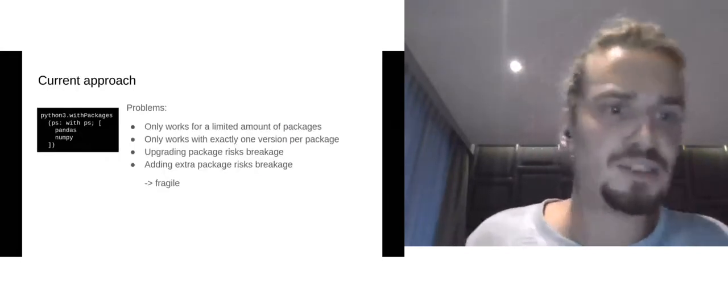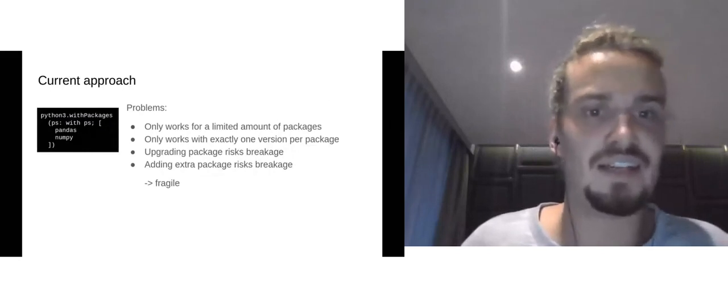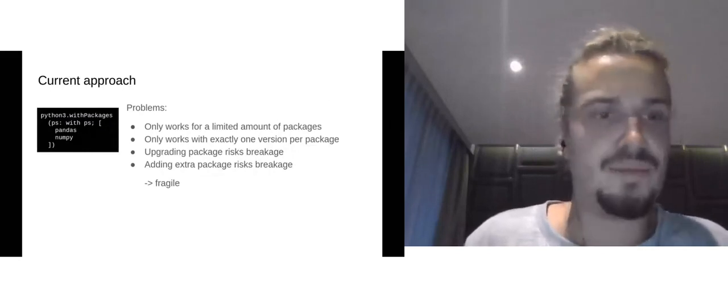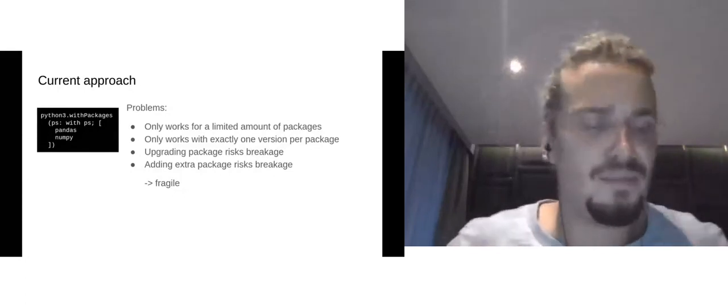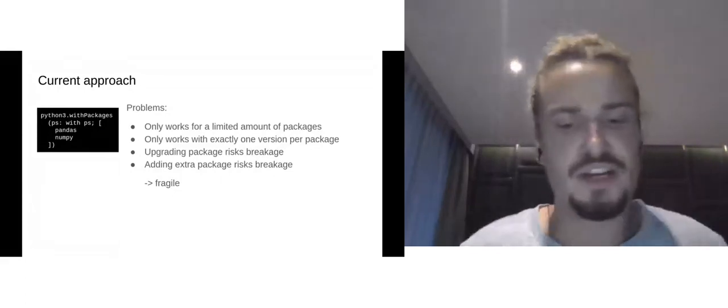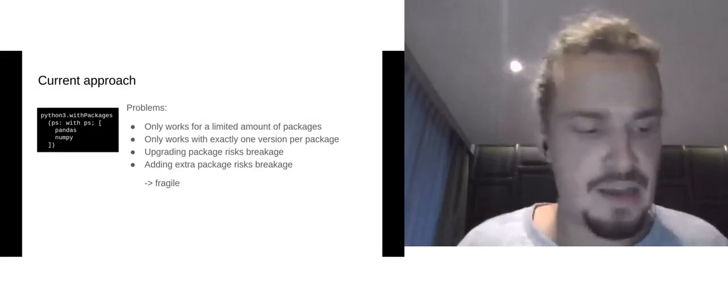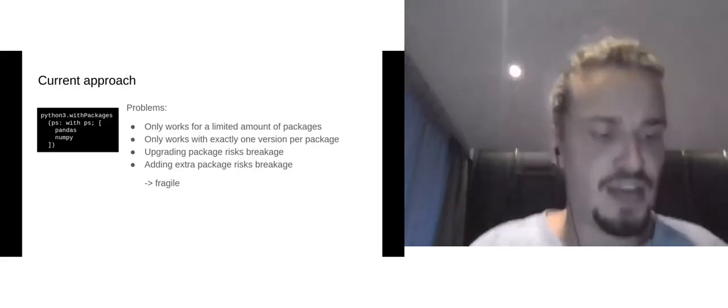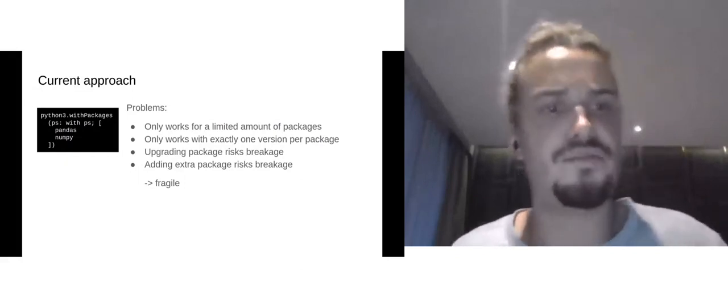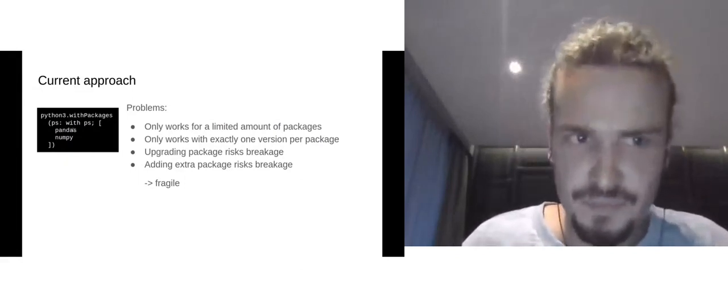Let's quickly talk about how this could work. Right now in nixpkgs, there's an interface that looks a little bit similar. For some frameworks, we don't even try to do that. We don't support loading arbitrary libraries into dev environments. But for Python, we do, and our interface looks pretty simple.